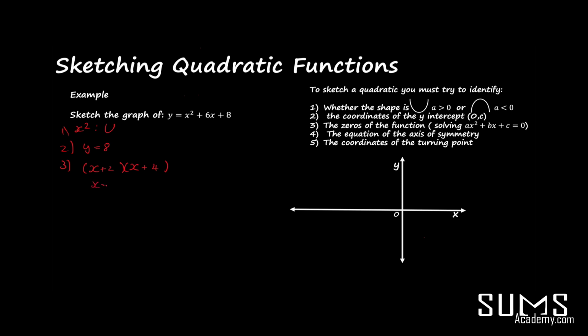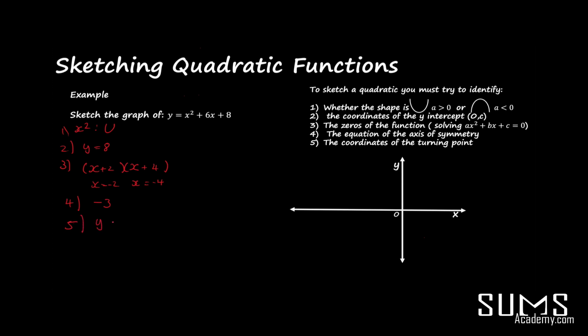So x equals negative 2 and x equals negative 4. Then number four, the axis of symmetry is going to be halfway in between these two, so that's just going to be negative 3.